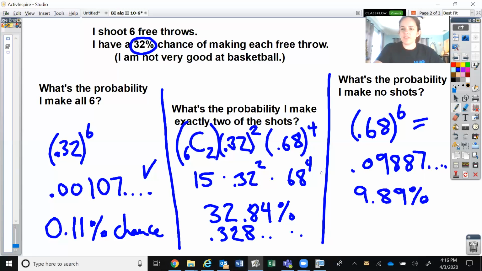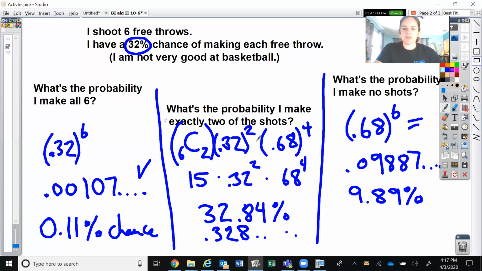And so you can see that what I've done here in the middle, that's your binomial probability formula for what's the probability of 2 successes happening out of 6 tries.